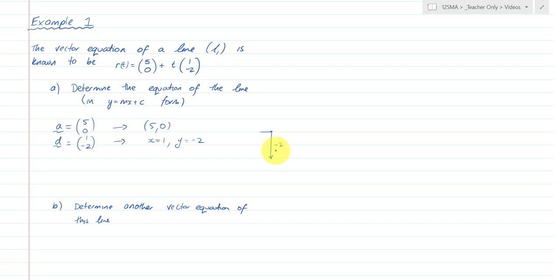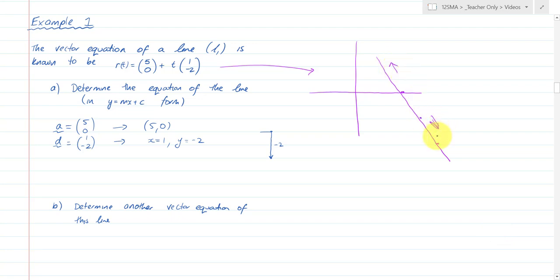And better yet, if you're in any way unsure, plot this line. It starts at (5, 0), which is here, and then when t equals 1, it moves along 1 and down 2. And when t is 2, it moves along 2 and down 4. And we can see our straight line forming right there. As t is negative, it moves up in that direction. As t is positive, it moves in that direction.